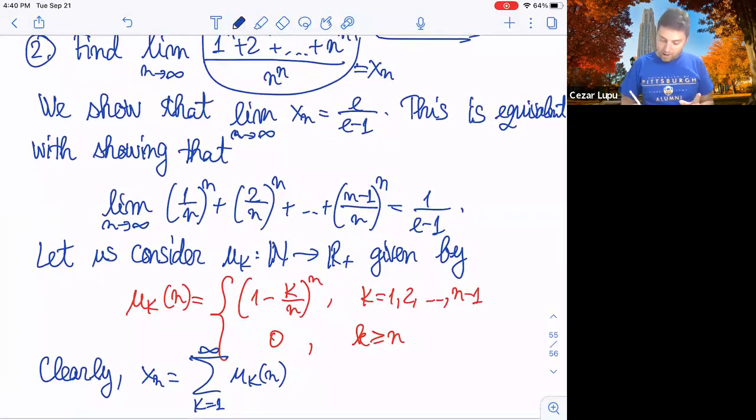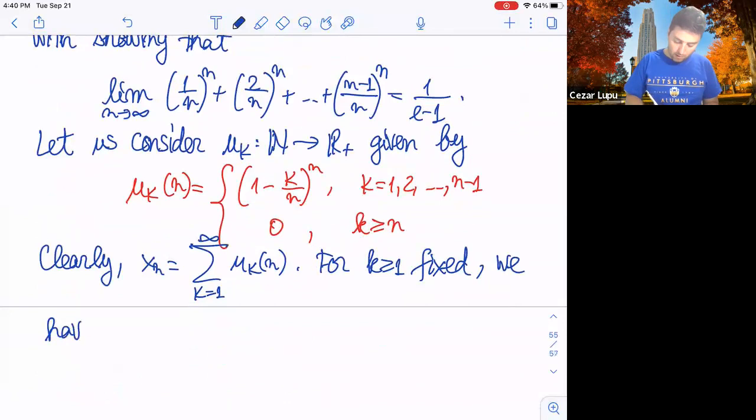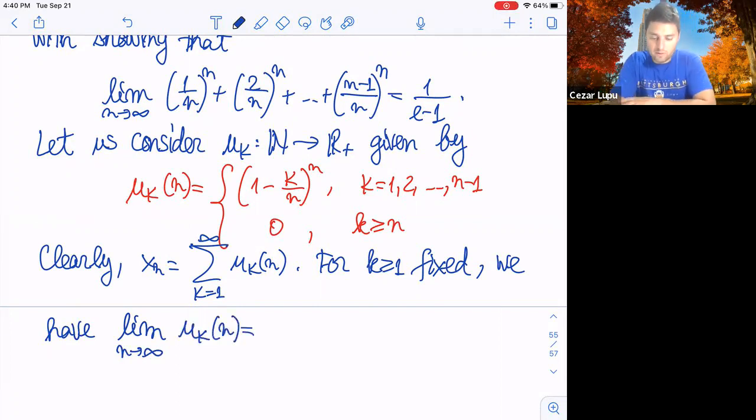Great. And now for k arbitrary and fixed, the limit as n approaches infinity of uk of n will be e to the negative k, right?